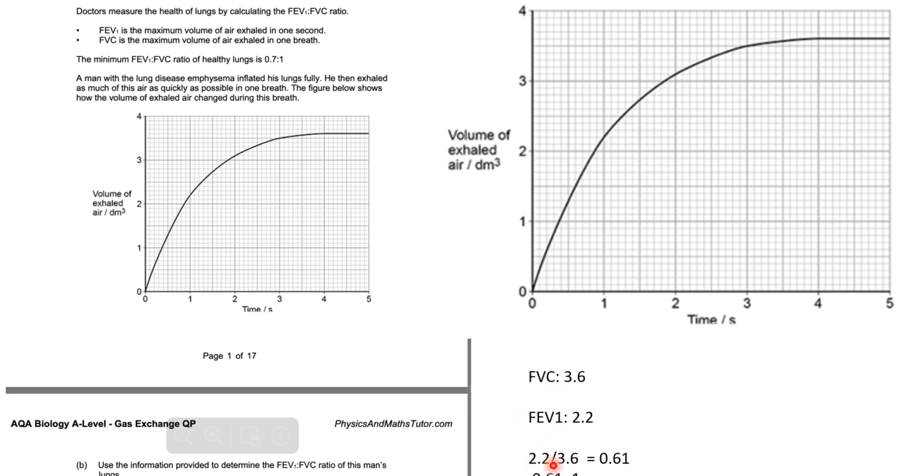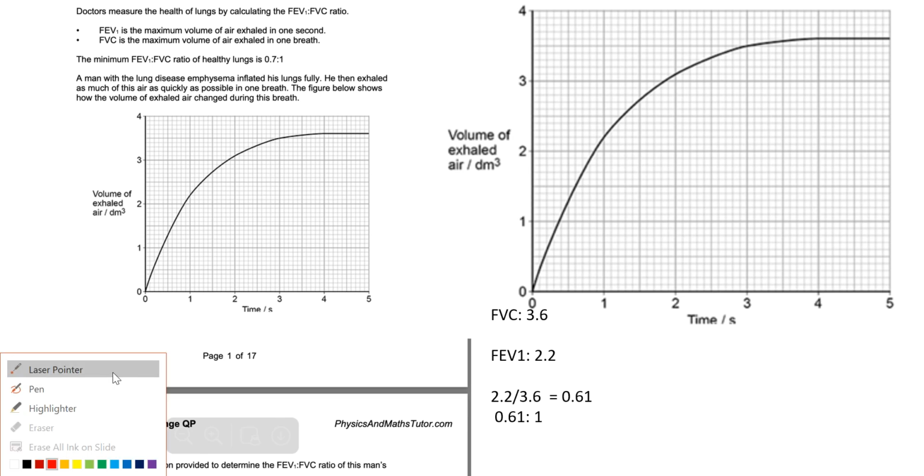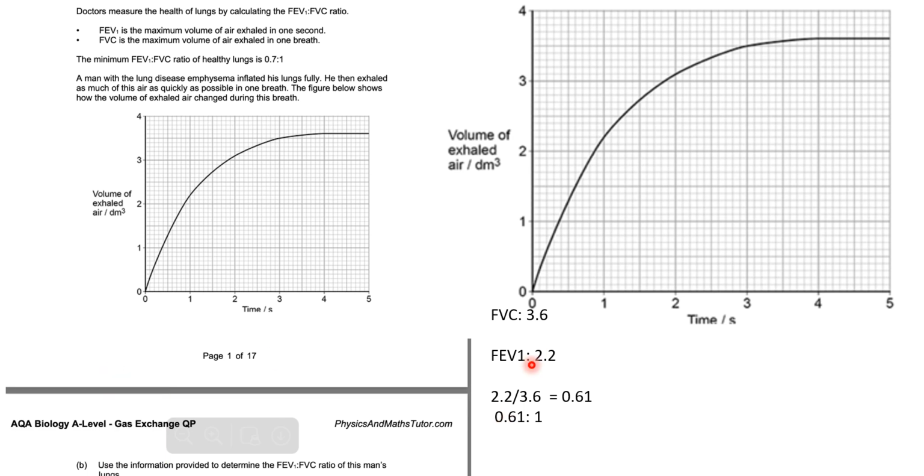So 2.2 divided by 3.6. If I want to find the ratio of my FEV1, it is FEV1 divided by the total, 3.6, which is 0.6. So my ratio is, let me get the laser pointer, I mean.